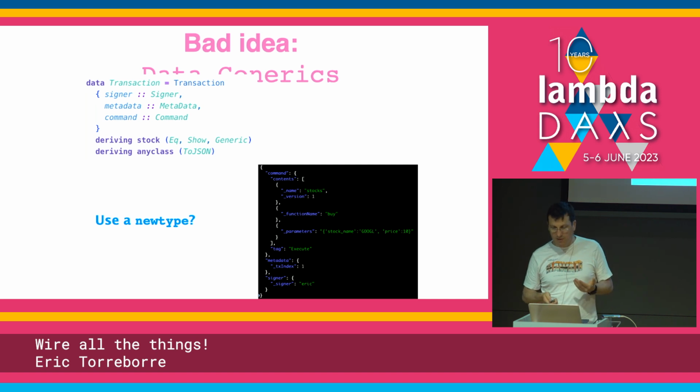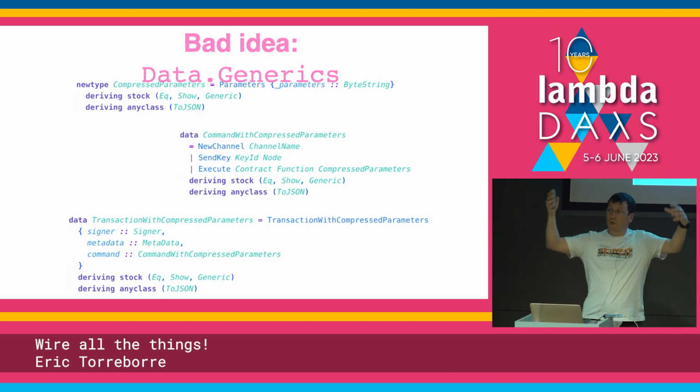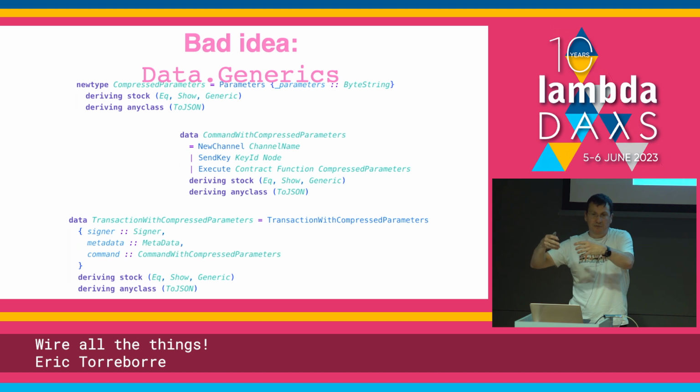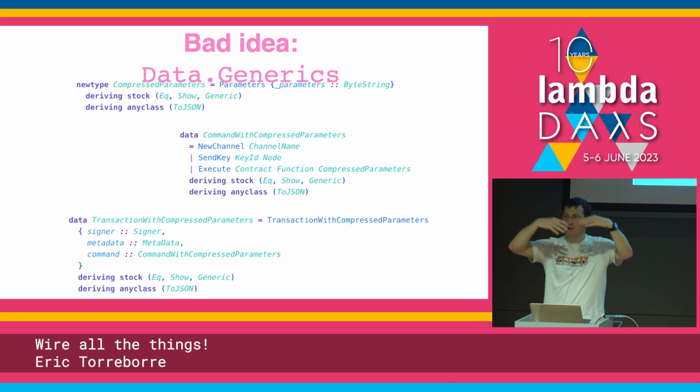The trouble with this approach is that if this type is used in a graph of many other types that depend on it, then something else has to depend on the new type. Like, the compressed parameters new type needs to be depended on by something that you have to call compress contract something, and this thing is kind of viral.